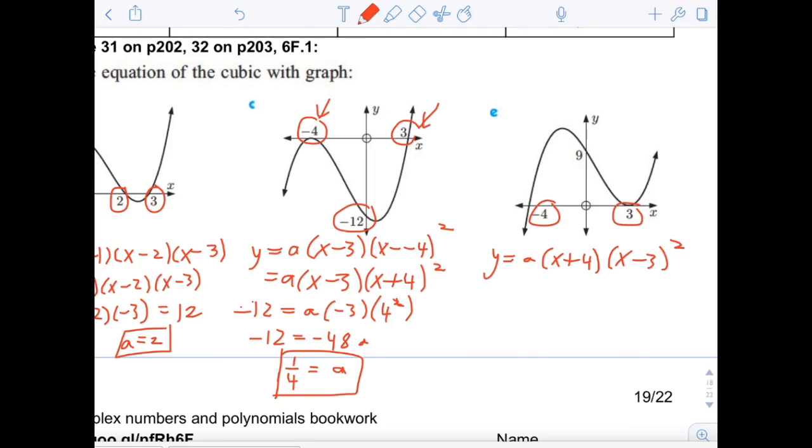And we know that this passes through (0, 9), so we'll substitute 0 in for x and 9 in for y. So 9 equals a times 4 times (-3) squared. So that's equal to 9 times 4. 9 equals 36a. a is equal to 1/4 again.